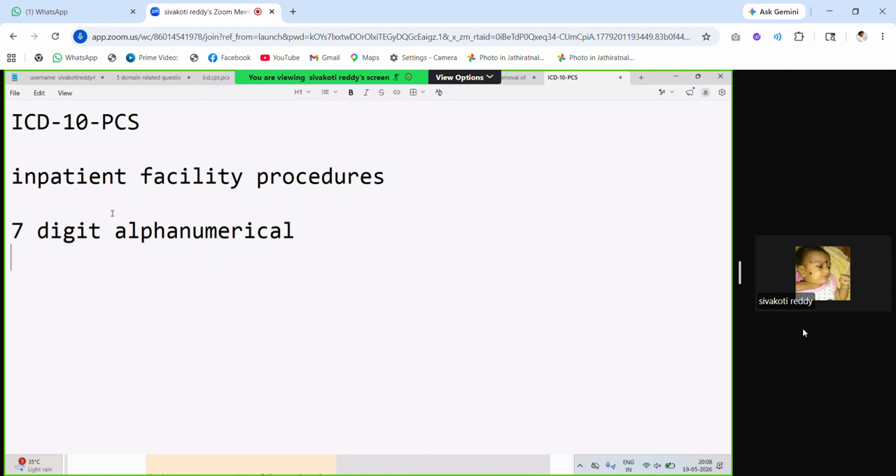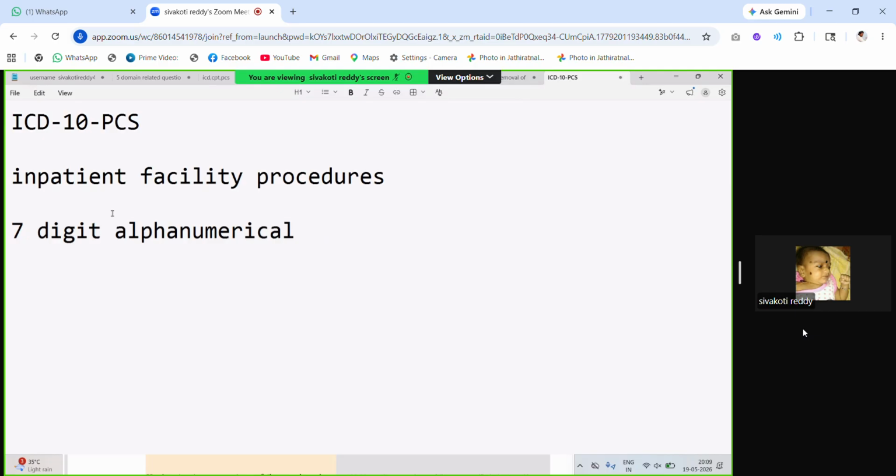So here we need to learn about the 7 characters. Each character has a specific meaning in the PCS. We can't get the direct code like ICD-10-CM or CPT. PCS is somewhat different compared to CPT. We don't get a direct individual procedure code.